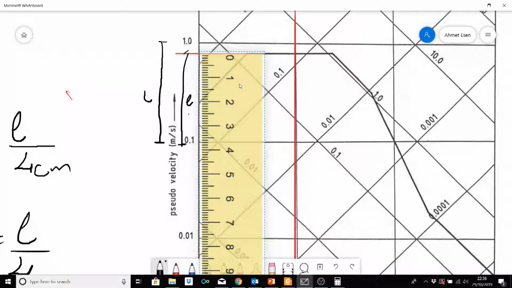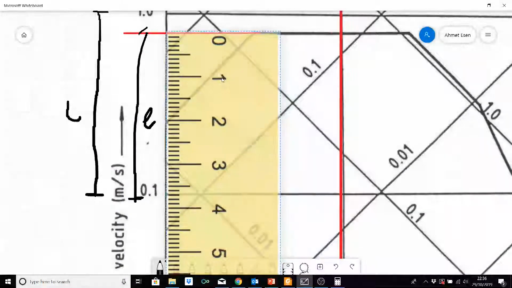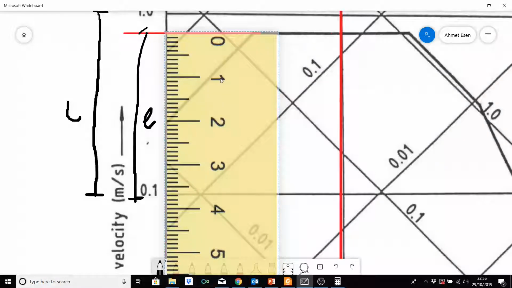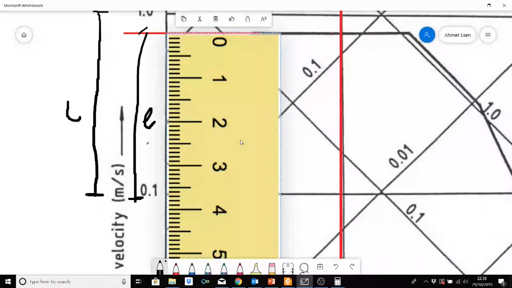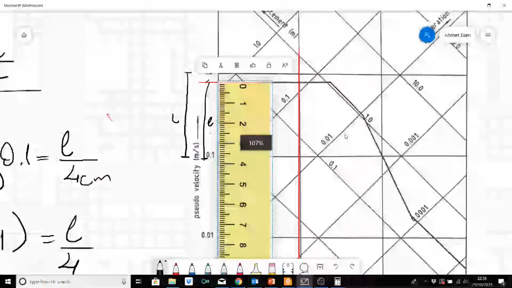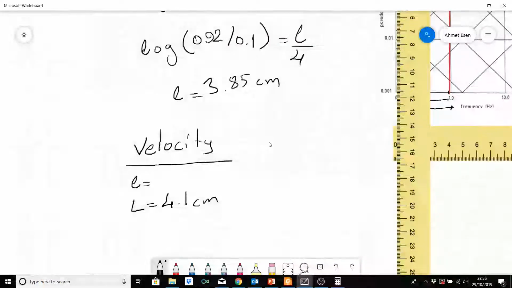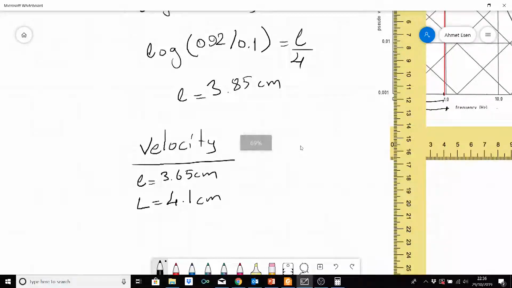And this one looks like this is 3.6 centimeter. Yeah, 3.65, 3.6. Okay, so our small l is, I'll say, 3.65 centimeter.